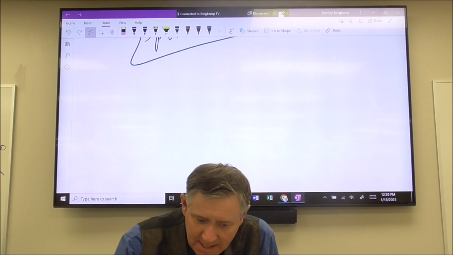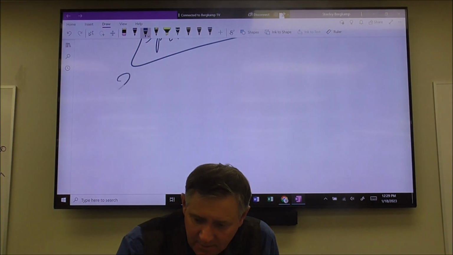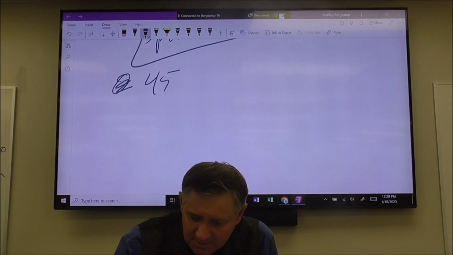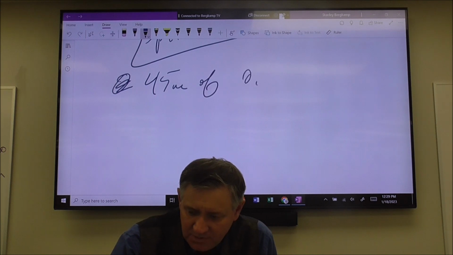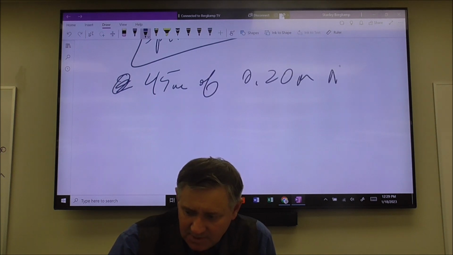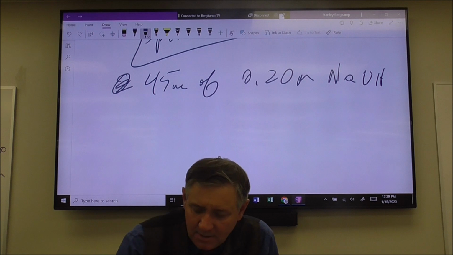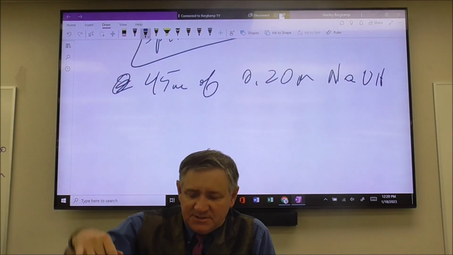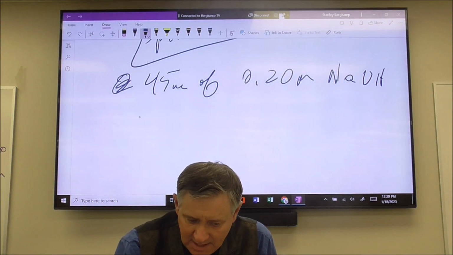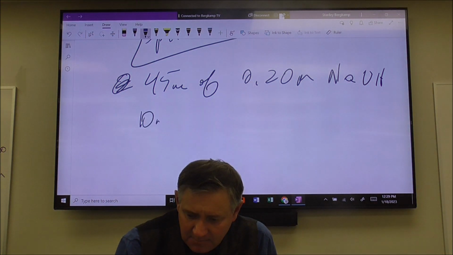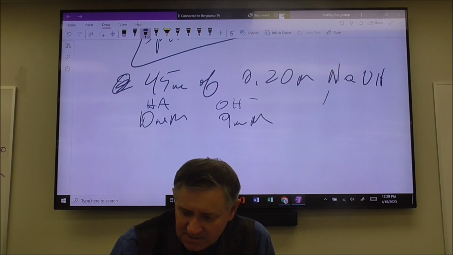Now to save some time, we're going to add 45 milliliters of 0.2 molar sodium hydroxide. So it's the same reaction. We've got 10 millimoles of my acid, and 9 millimoles of my base.